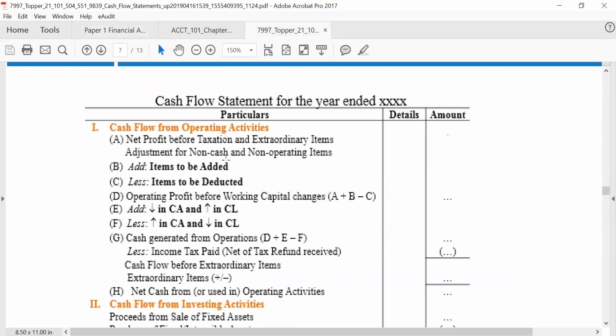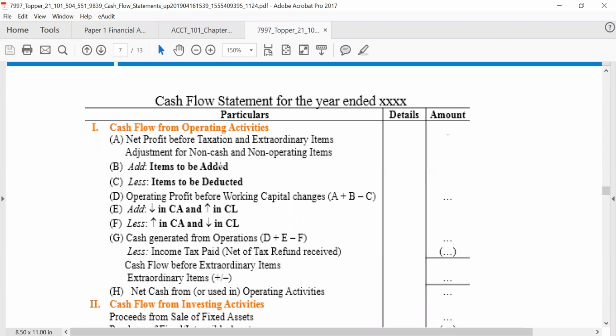Like I said, there are items that we add back, and one of those items is depreciation, okay? Now, just to recall, these items to be added are items that were earlier deducted when we were computing profit, but they are non-cash items, or they were items that were not supposed to be deducted.